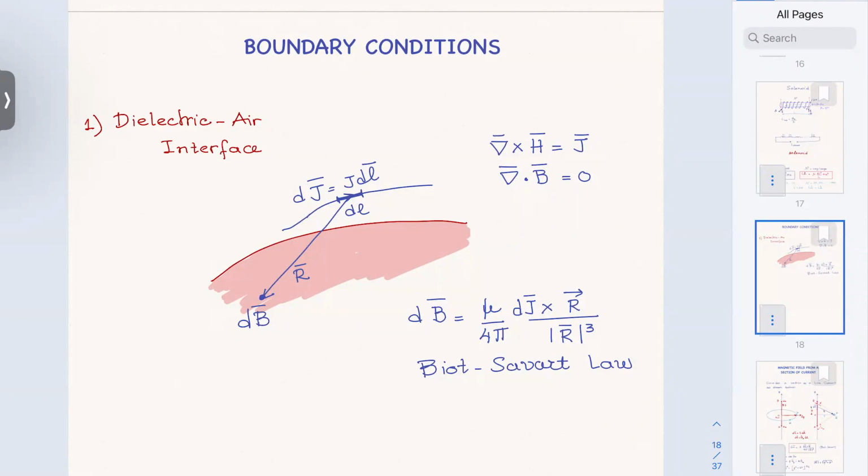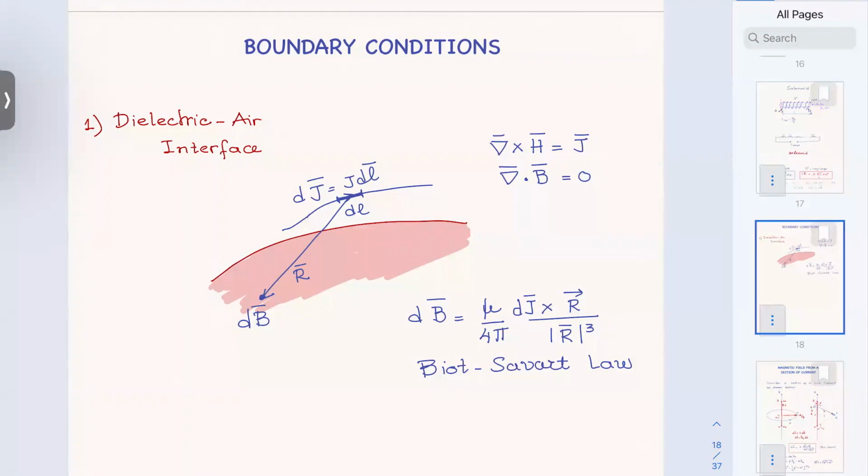So it changes drastically from one medium to another if one of them is magnetic, and therefore mu changes substantially. As we remember, only magnetic materials have a mu which is different from mu naught. And dielectric materials have a dielectric permittivity which is different than epsilon naught.